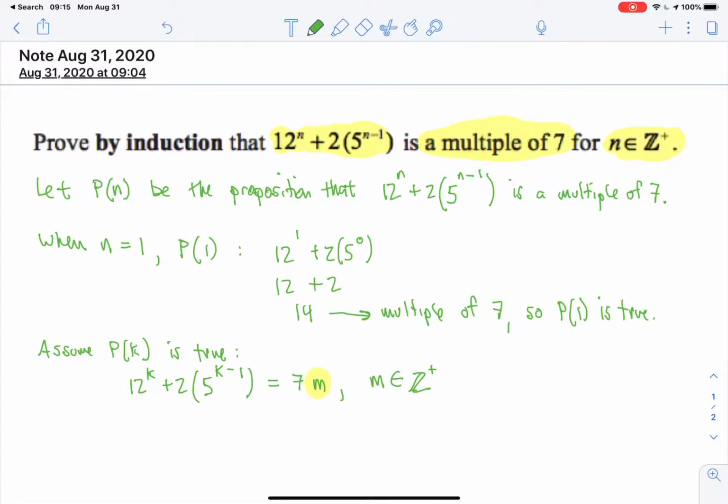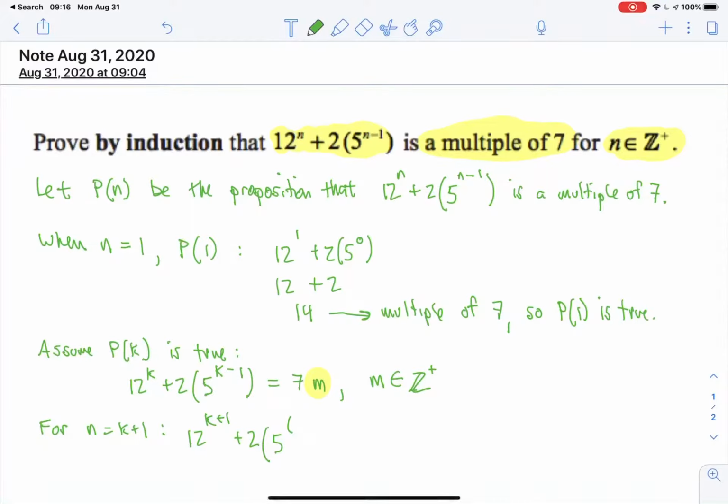The next step in math induction is to try to prove that for n equals k plus 1, p of k plus 1 is also true. Now, we don't know that it's true beforehand, but let's see what happens when we write out p of k plus 1. So this becomes, on the left-hand side, 12 to the k plus 1 plus 2 times 5. And I'm going to write this out.